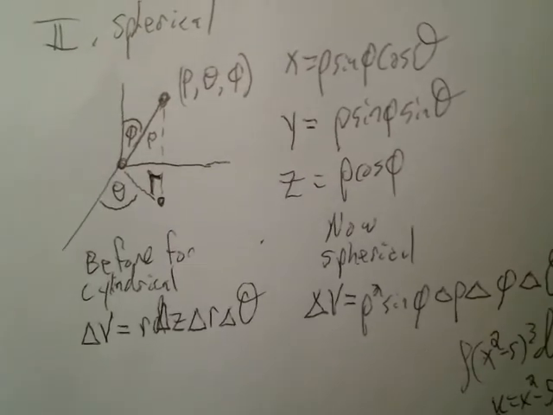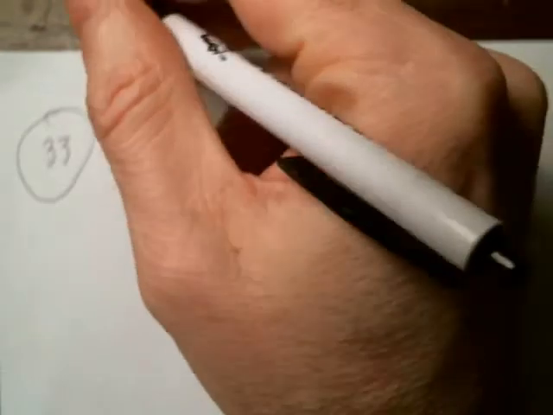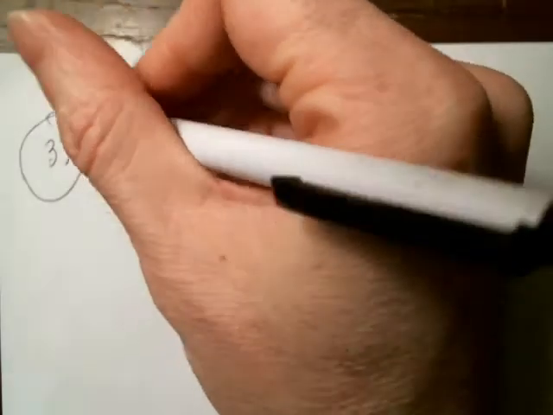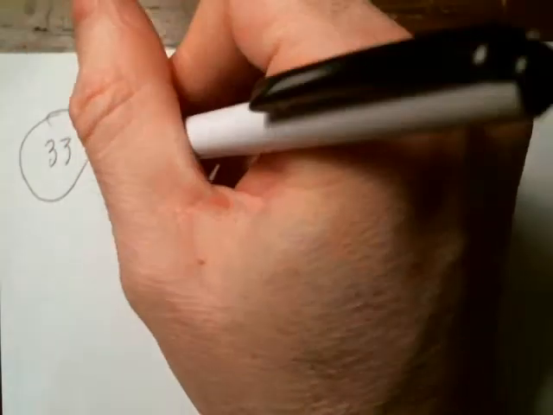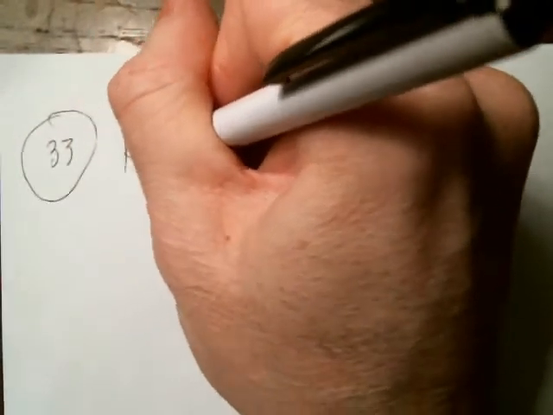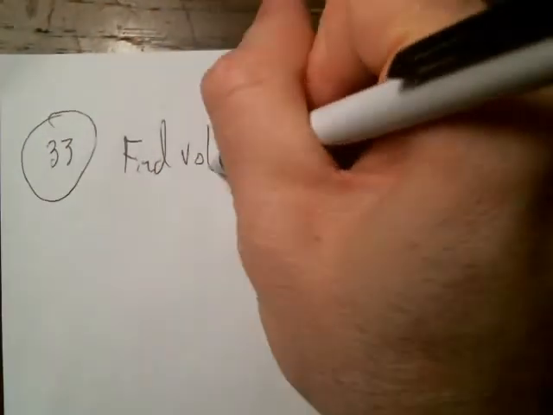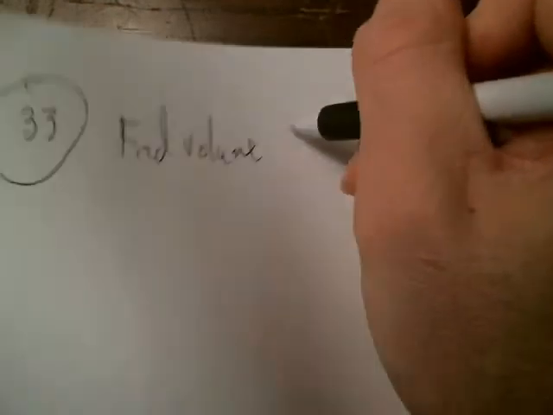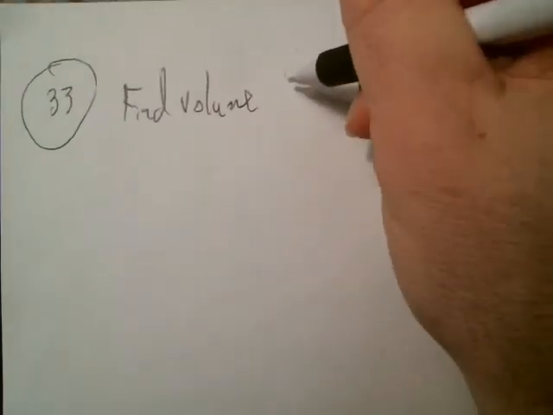let's take a look at doing one of these things. This is number 33. Find the volume inside the sphere and outside this cone. So when you're working with something like a sphere, it's helpful to go to spherical coordinates.